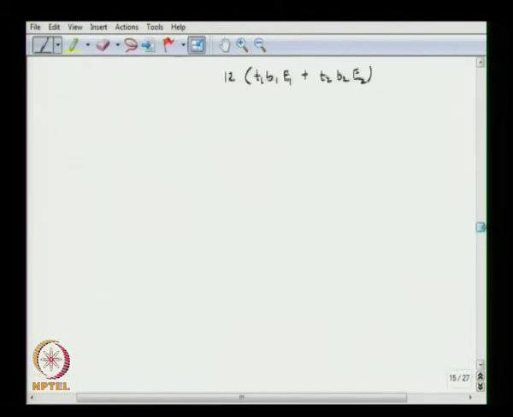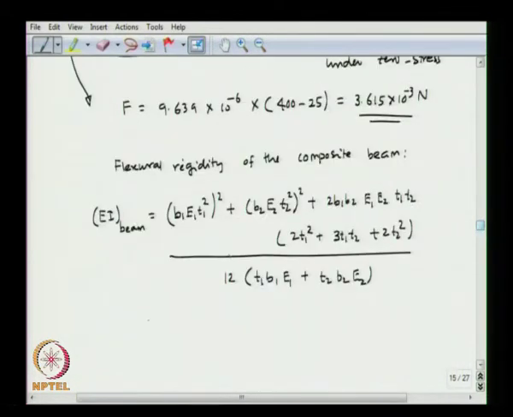So, using this formula we can find the flexural rigidity to be 3.774 into 10 to the power minus 9 Pascal meter 4. Okay. So, that is the flexural rigidity of the beam.